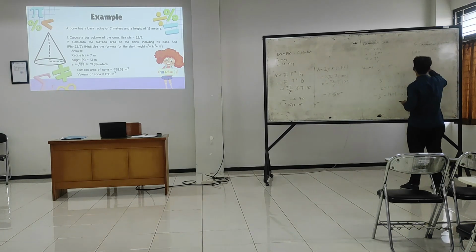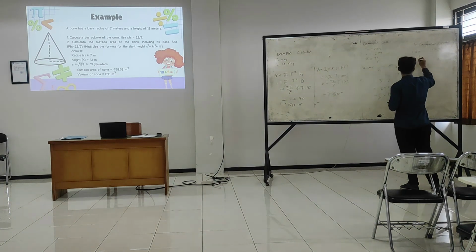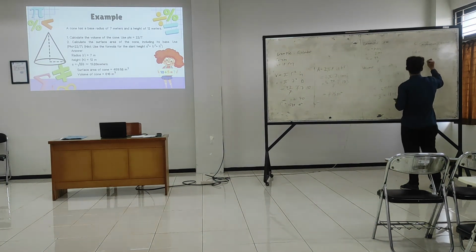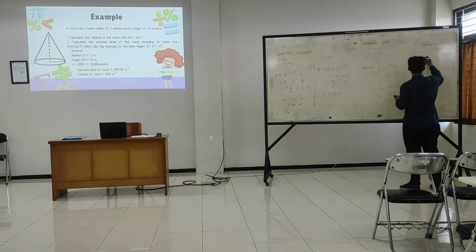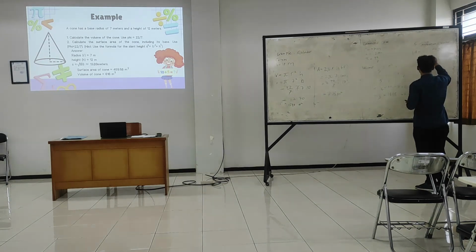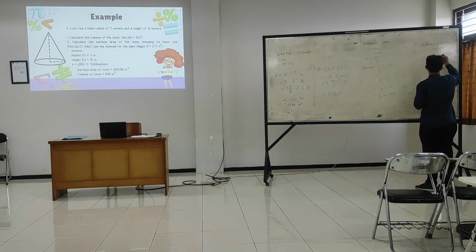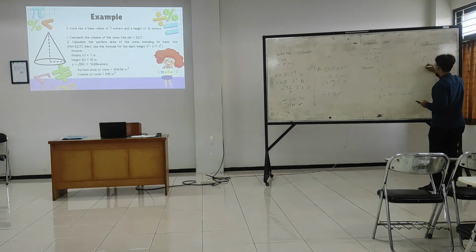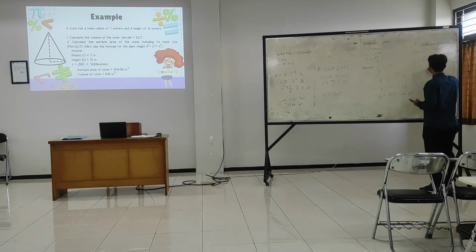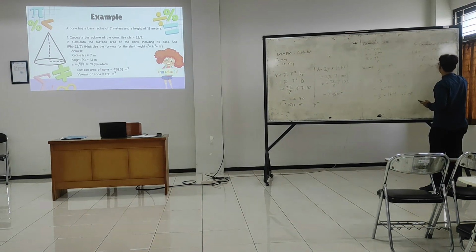So we find the S first. The S is the square root of r squared plus h squared. So here it is the square root of 7 squared plus 12 squared.